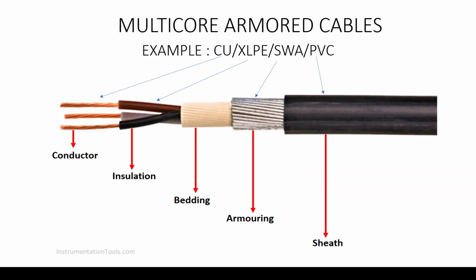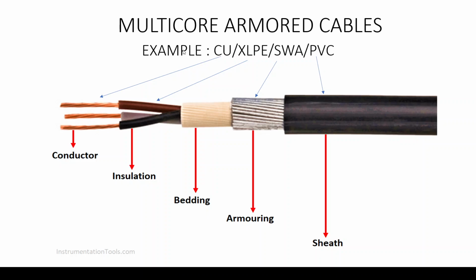And the last and most commonly used type of cable are the multi-core armored cables. So a multi-core armored cable is the cable that you would typically use for laying on cable trays. Whenever you lay any cable on a cable tray, it needs to be an armored cable, since it has the necessary mechanical protection to be laid on cable trays without being damaged.